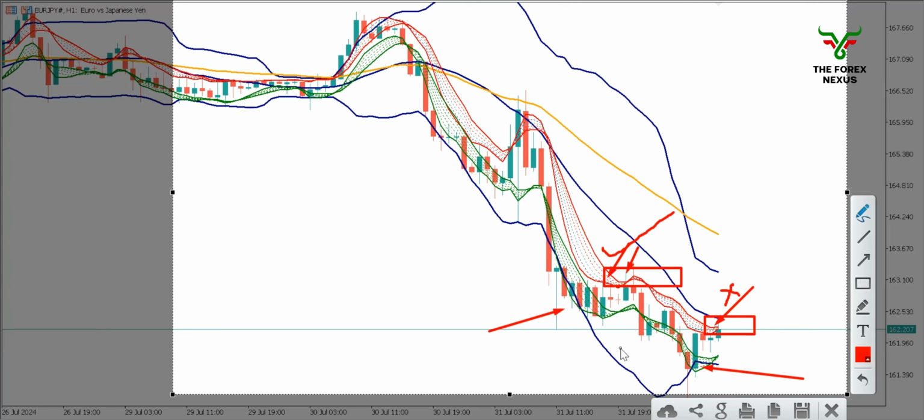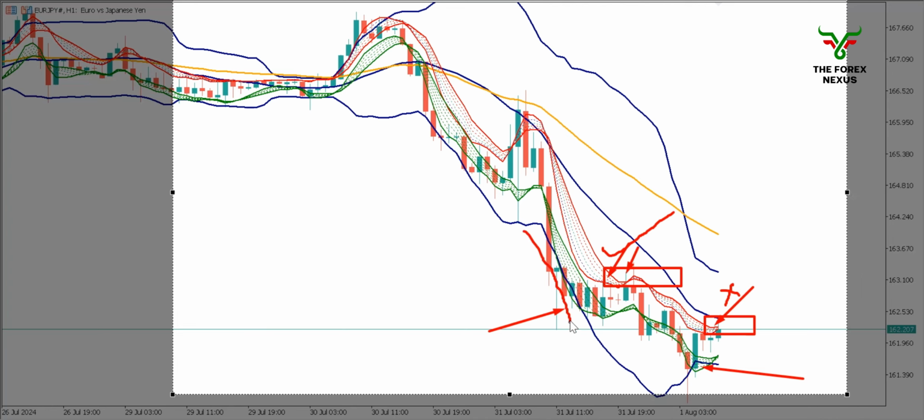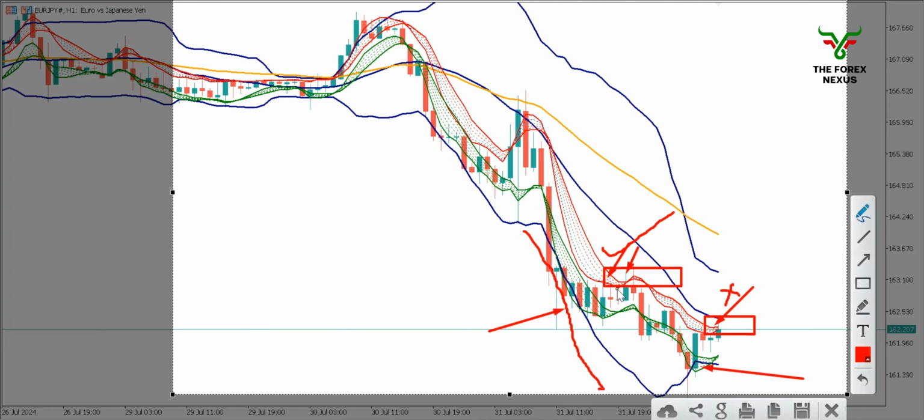Now let me explain it. Let me clear it, because you guys will get confused that both scenarios are the same, but on one point we can sell and on another point we can't sell. The thing is, on the first point the Bollinger Band is expanding. That means the market has potential to go downside. But in the other scenario, you can see here, the market can drop here, but we will not sell.